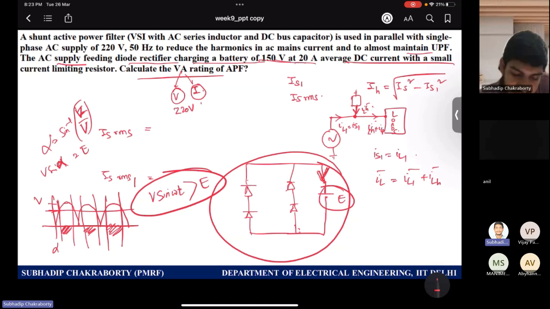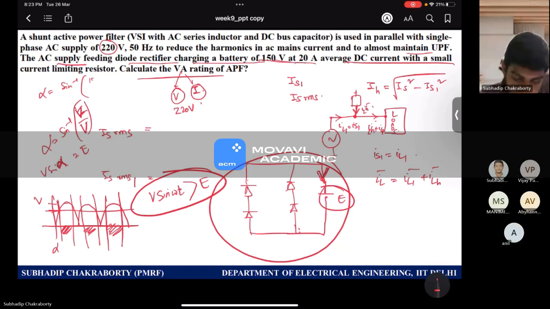So this is single phase, 220 RMS and the peak is 220 root 2. So alpha, if you determine, will be sine inverse of E by 220 root 2.